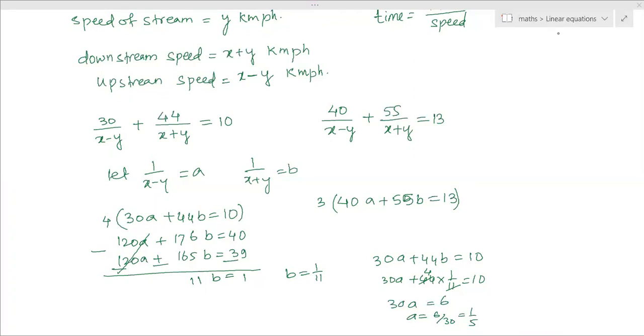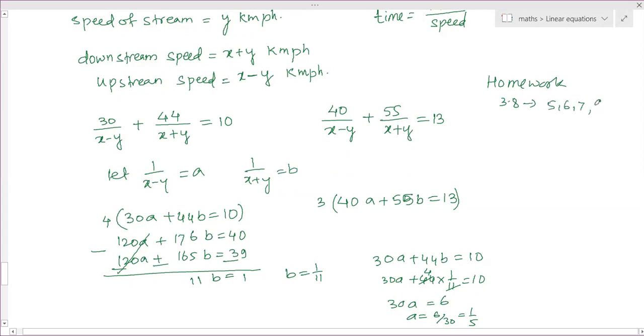Homework exercise. Homework is from RD, 3.8, question numbers 5, 6, 7, 9 and 11. That's all, ma'am. No, one more.